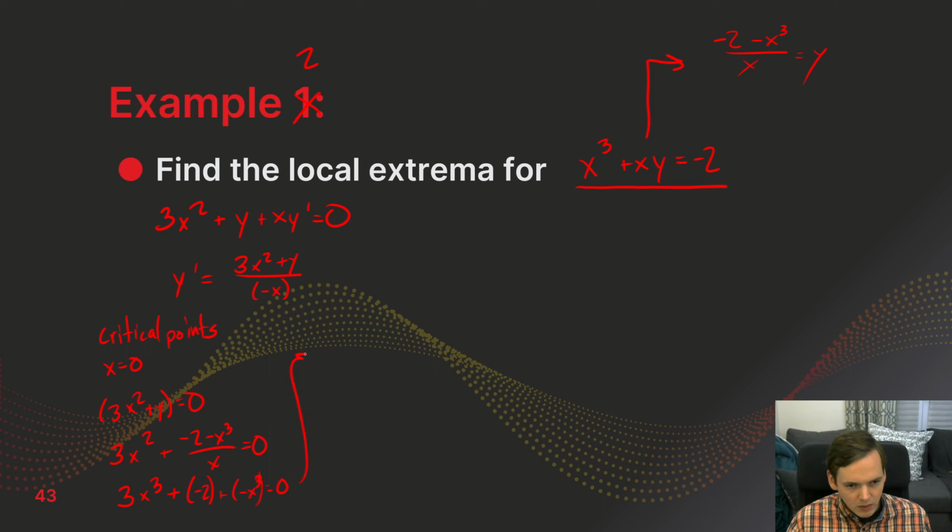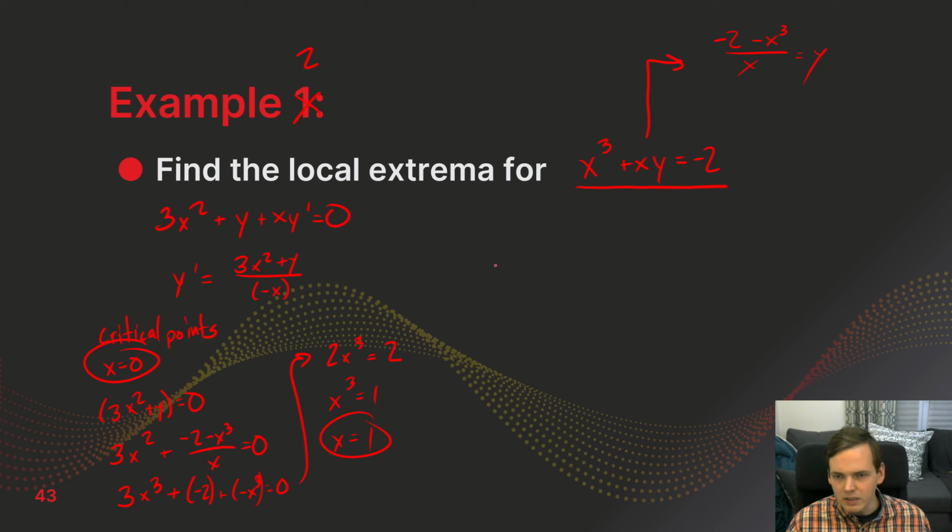And that will give us that 2x cubed equals 2. So x cubed equals 1, so x equals 1. So these are our two critical points. I should say critical points occur where x equals 0 and x equals 1.